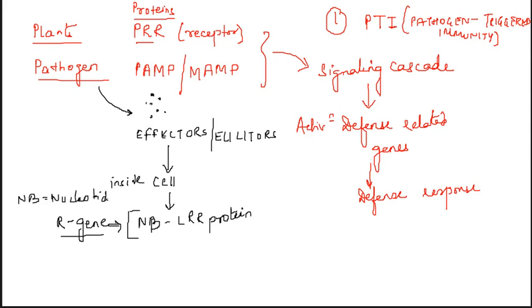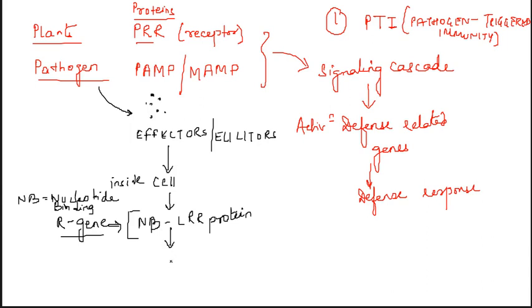LRR protein. Now LRR stands for what? LRR stands for leucine rich repeat. I'll show you later. So they will bind with LRR protein, and this LRR protein is formed from the R gene. Now R stands for resistance gene. After this LRR protein binds to elicitors or effectors, there are several changes inside the cell.